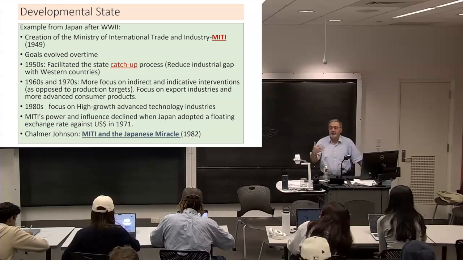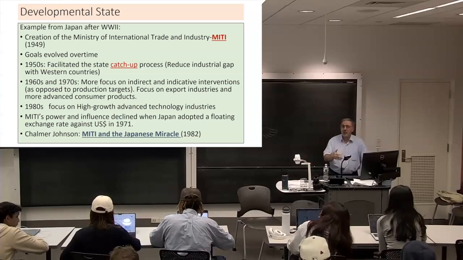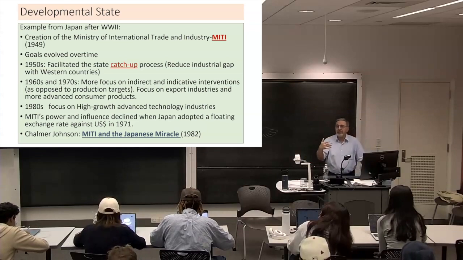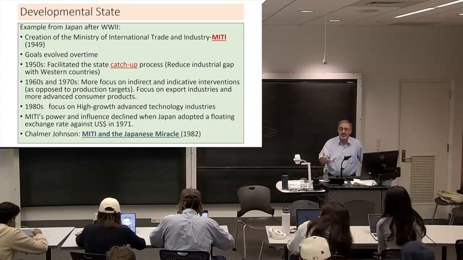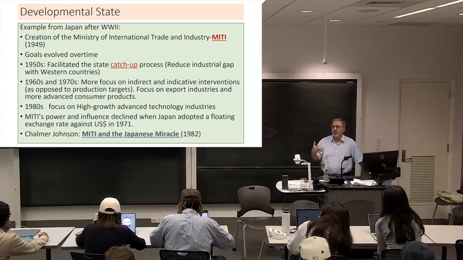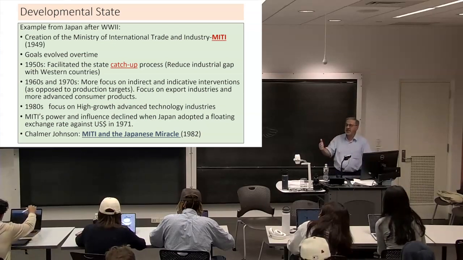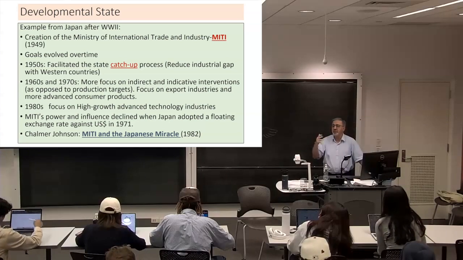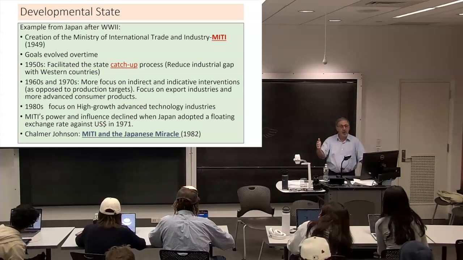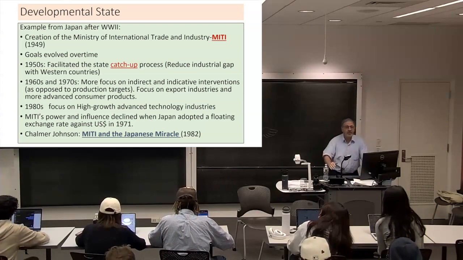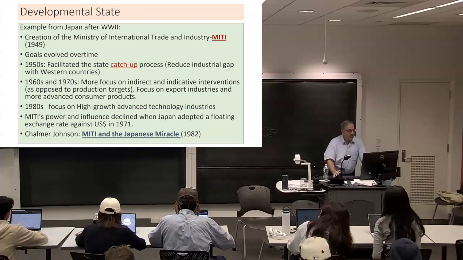The US wanted to see Japan and Germany develop and industrialize so that their new model of democratic government would be successful. Promoting democracy was one of the primary goals of the United States, especially in the context of the emerging Cold War with the Soviet Union in that period after World War II.